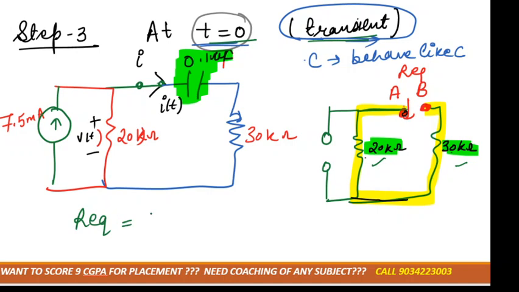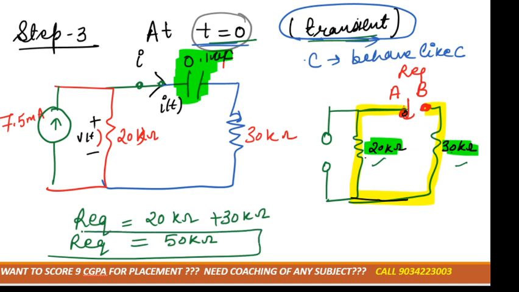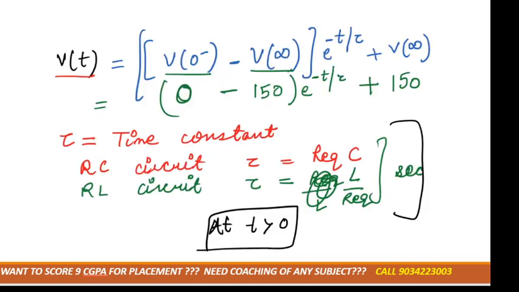R equivalent is equal to 20 kilo ohm plus 30 kilo ohm. That is equal to 50 kilo ohm. Clear? So can we put down the value here of tau? Tau is how much?